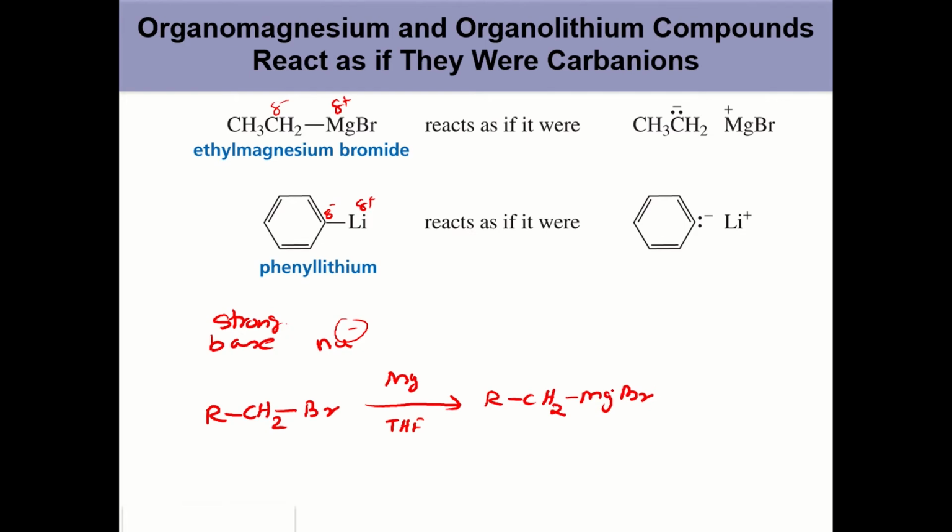Now just assume if you have water in your solution, this Grignard reagent will very rapidly react with water and it will produce the alkane.